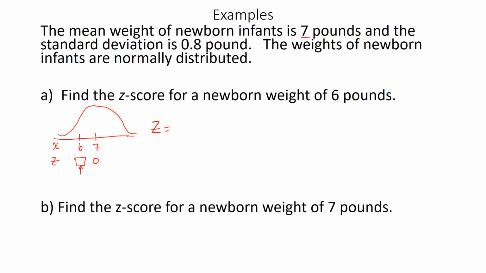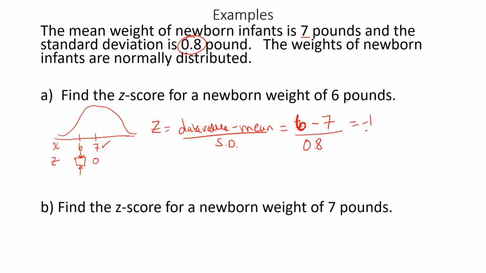So z is equal to, remember, the data value minus the mean over the standard deviation. We're interested in a 6-pound baby, so 6 minus the mean, which is 7, over the standard deviation, which is 0.8.